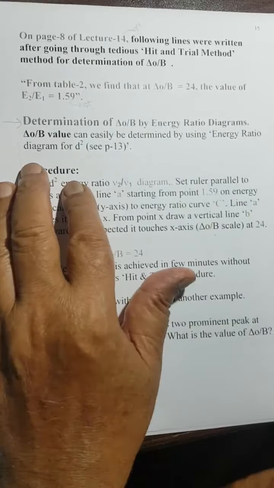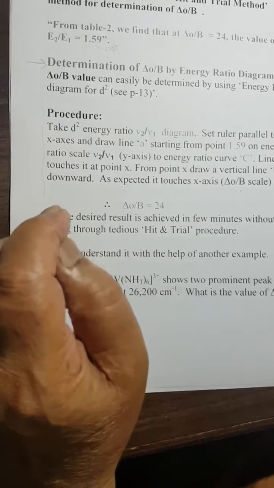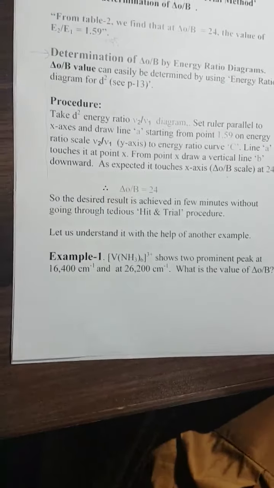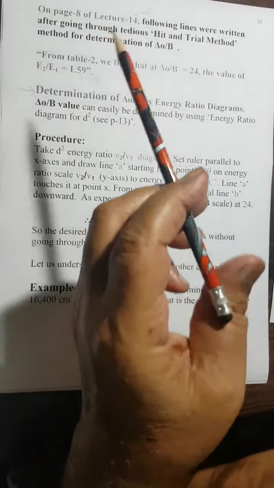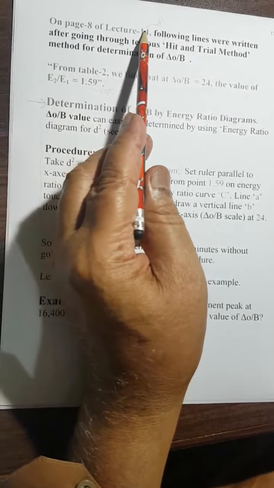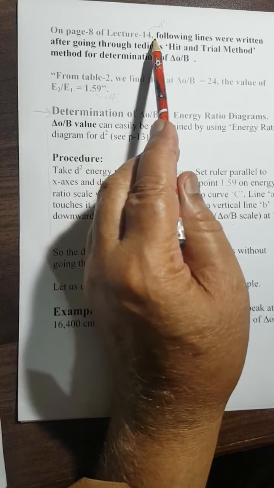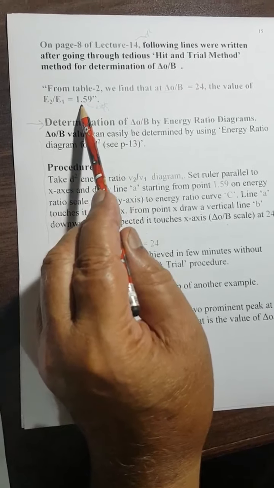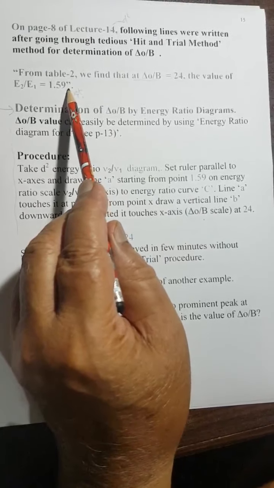Fair enough. Now I want to do this with the diagram. Let me explain to you here. 1.59 is the experimental value of energy ratio from the previous lecture.